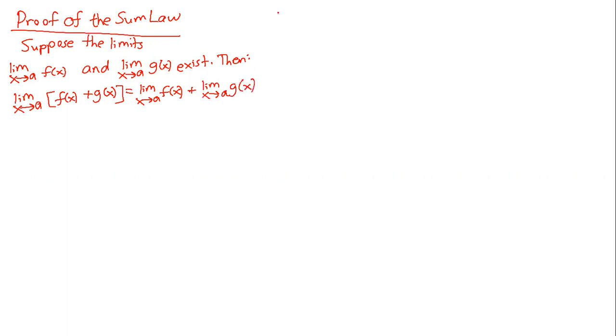Okay, so proof of this, that's what we're looking at. And it's going to take advantage of the definition of a limit. And like I say, this is much more moving toward the type of thinking people really have to do when they're writing proofs and papers.